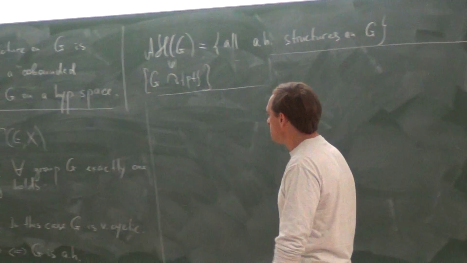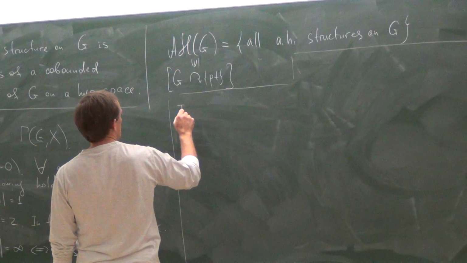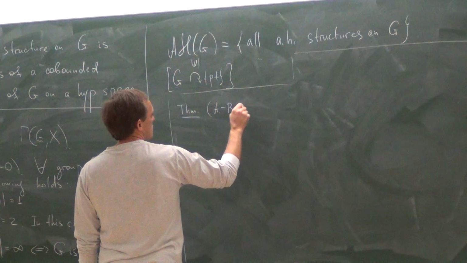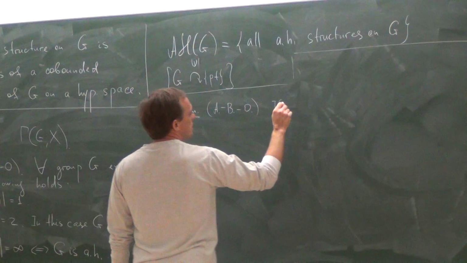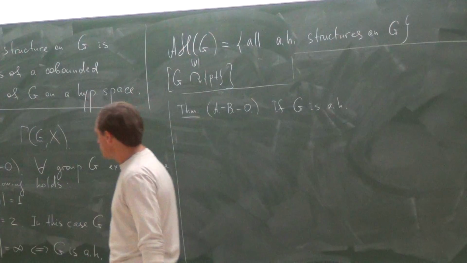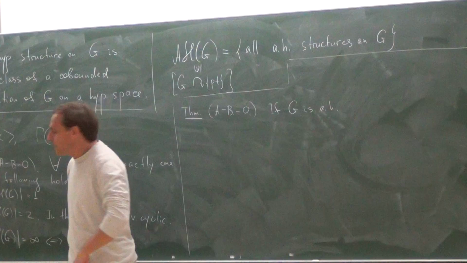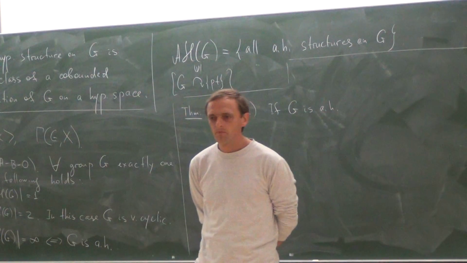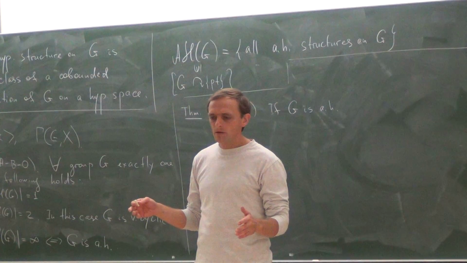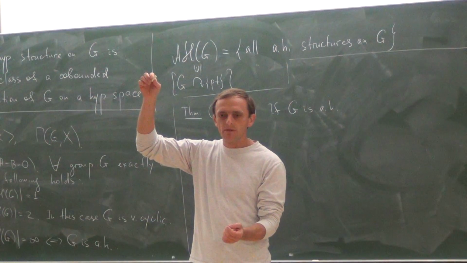But now we can prove a bit more. In this situation, and this is a more difficult result, if G is acylindrically hyperbolic, well, what we can say about the structure of AH of G as a partially ordered set. So if you have a partially ordered set, the basic questions are, well, first of all, whether it contains minimal and maximal element.